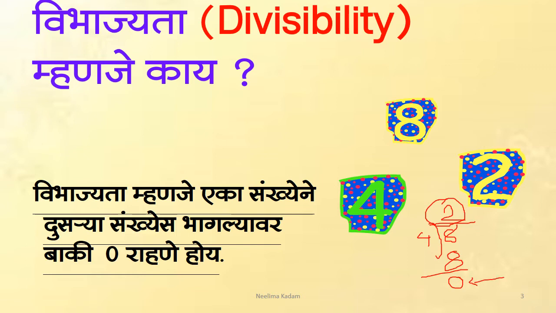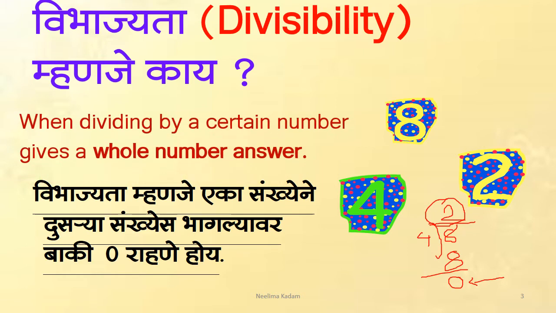So when we divide a number by another number, if the remainder is 0, then that number is divisible by the other number. So when dividing by a certain number, we get an answer as a whole number and the remainder is 0. This is divisibility.